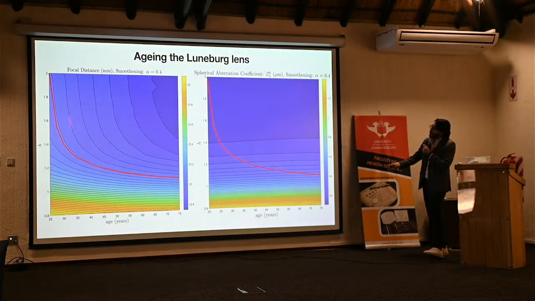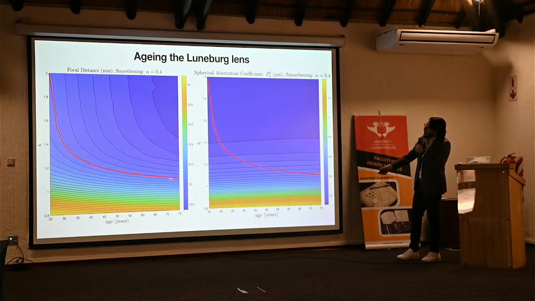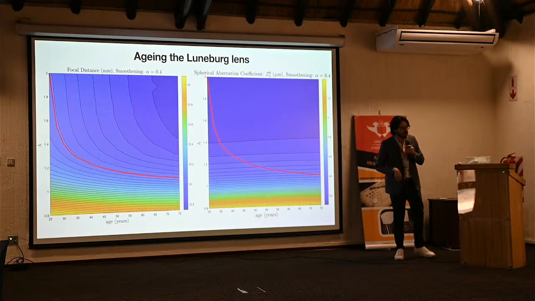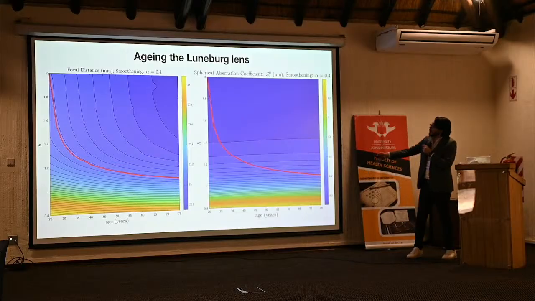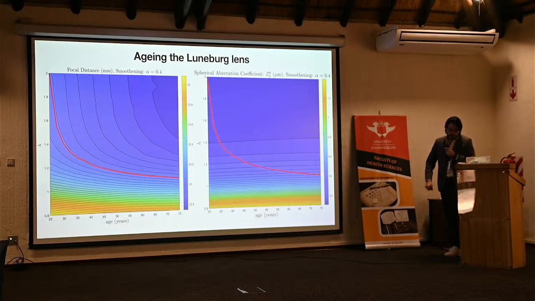We did the same on the Lüneburg lens. Here we have a curve of the parametrization of H in terms of H. And this curve is a curve in which the focal position is exactly the same as in the previous example. So here we have the corresponding change in aberrations.